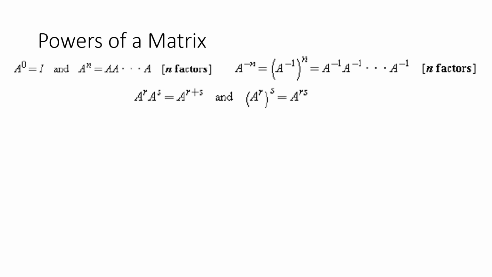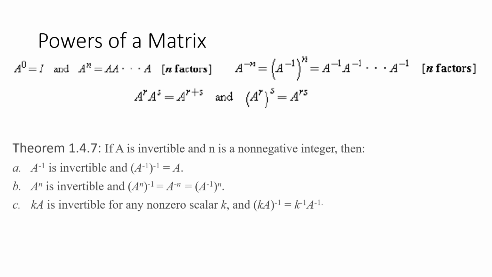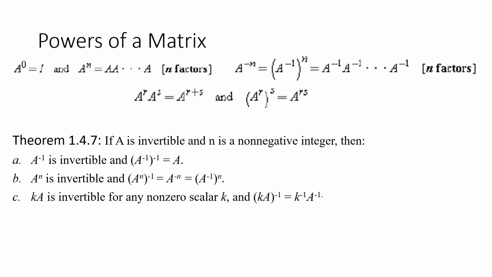If a product of matrices is singular, then at least one of the factors must be singular. So let's have theorem 1.4.7. If A is invertible, then the inverse of A is invertible, and the inverse of the inverse of A is equal to A.